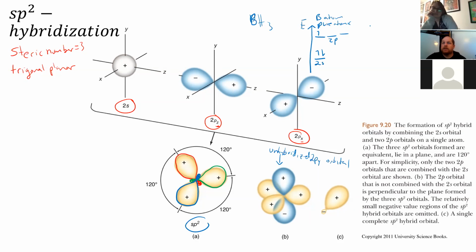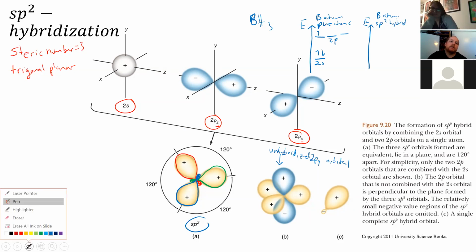Here, what I'm actually combining in order to make the boron atom in the molecule, which will be sp2 hybrid, is 2 of the p orbitals with the s orbital.